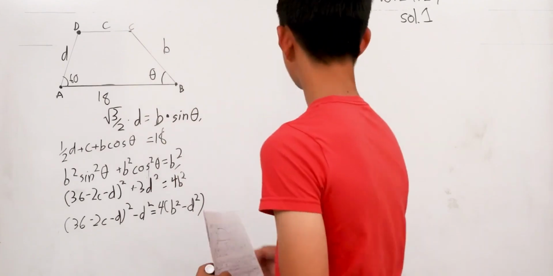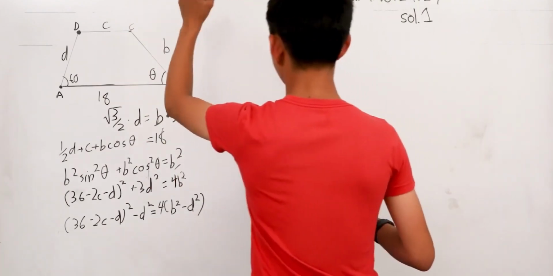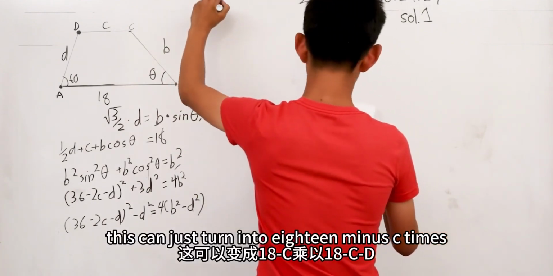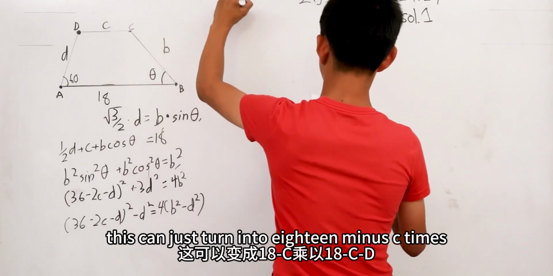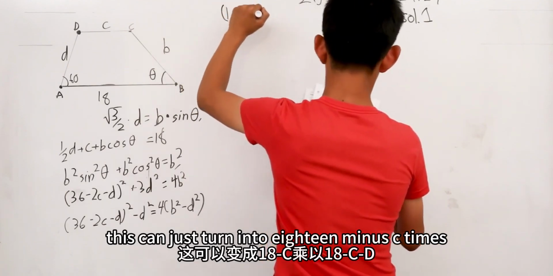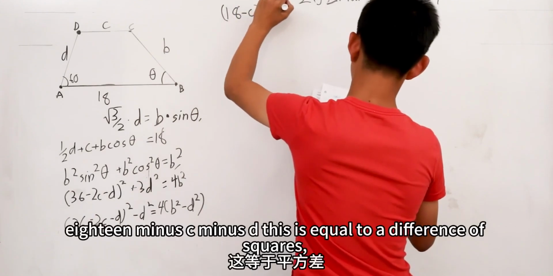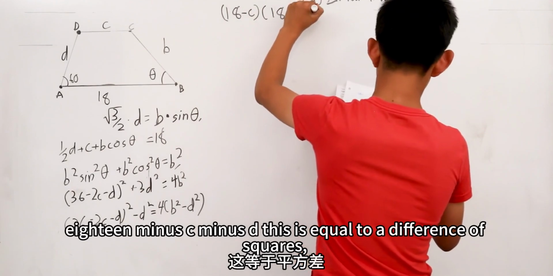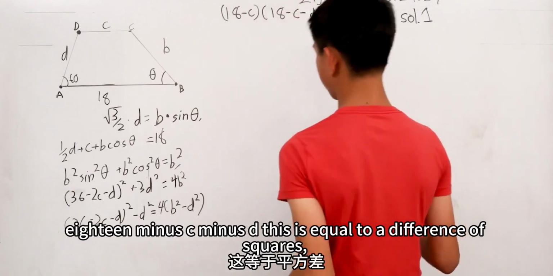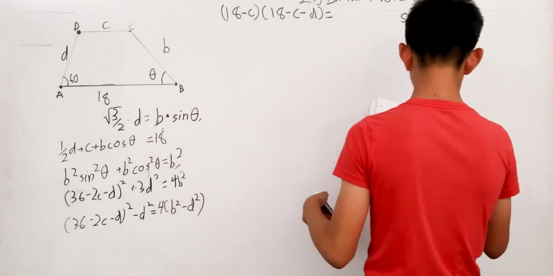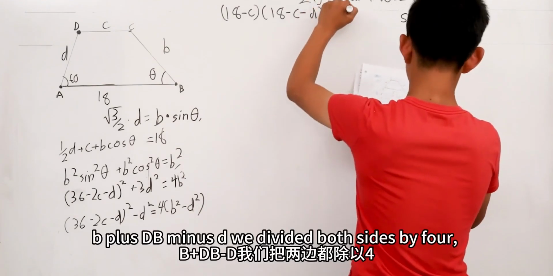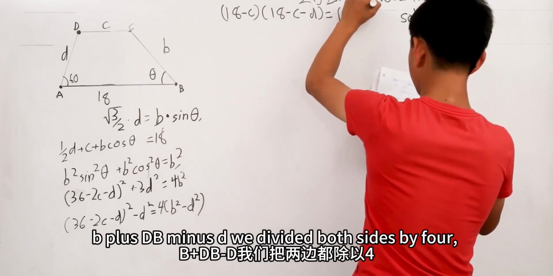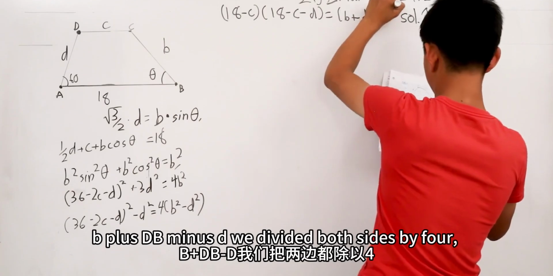This, I'm going to write up here, can just turn into 18 minus c times 18 minus c minus d. And this is equal to, by difference of squares, b plus d times b minus d.